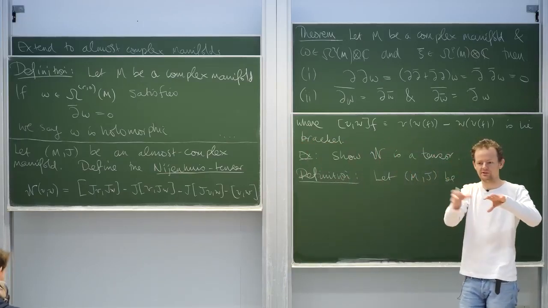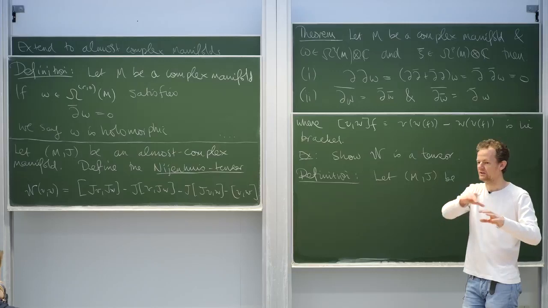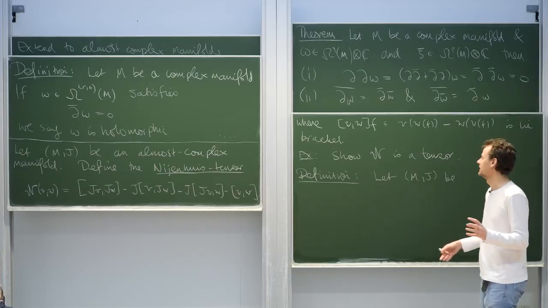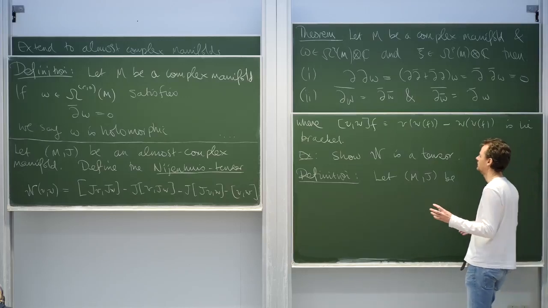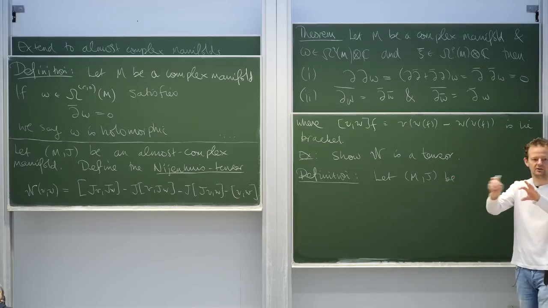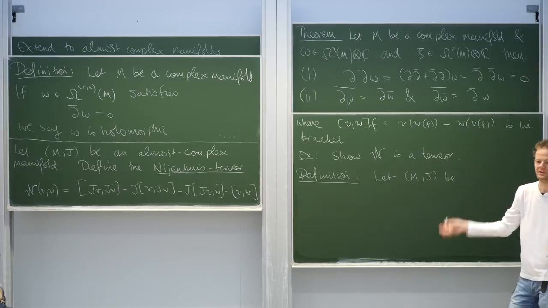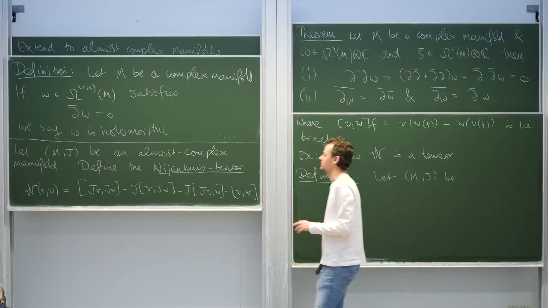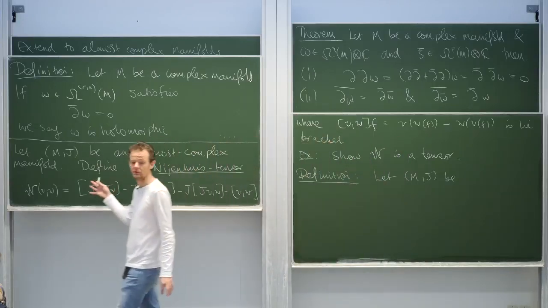As you try and consistently cover the manifold in little coordinate charts, you need that always when there's overlapping coordinate charts the holomorphic bits go to holomorphic bits and the anti-holomorphic bits go to anti-holomorphic bits. And you see that there is somehow a global obstruction there.